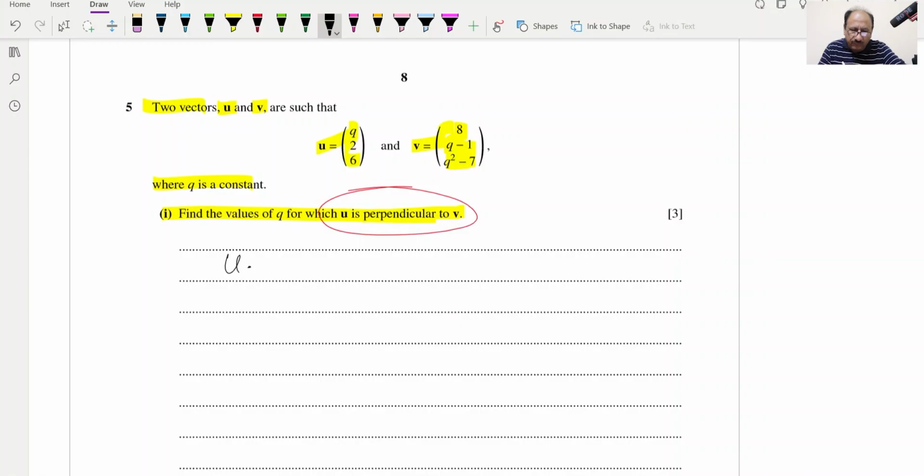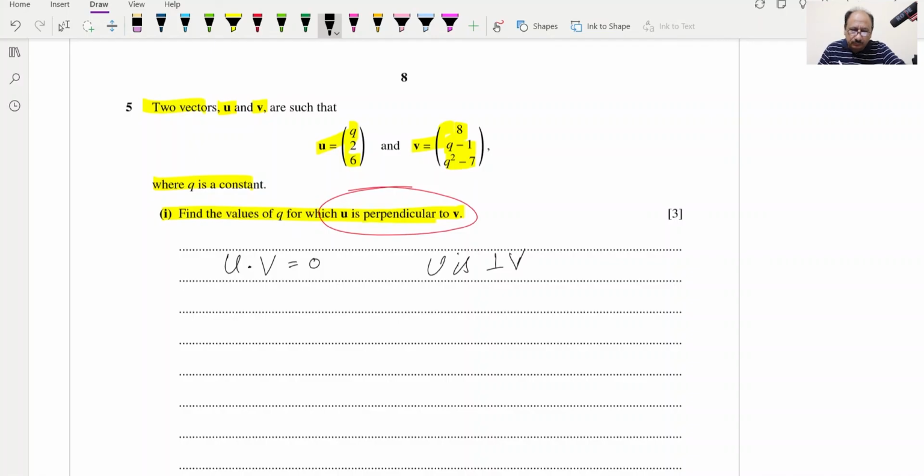If u and v are perpendicular to each other, it means that the dot product will be 0. So we will write u dot v is equal to 0, because u is perpendicular to v.